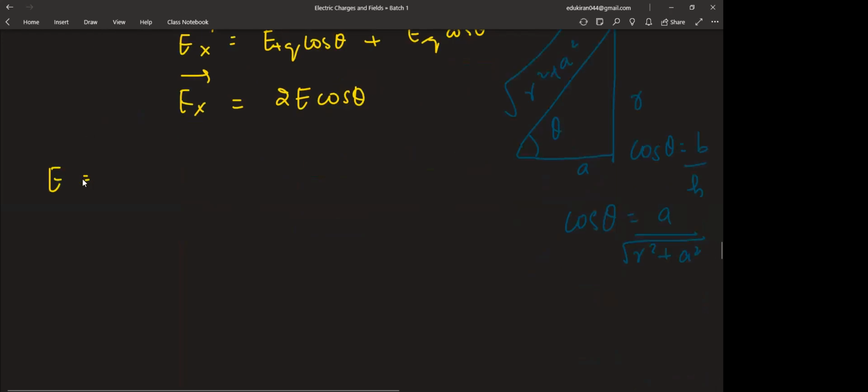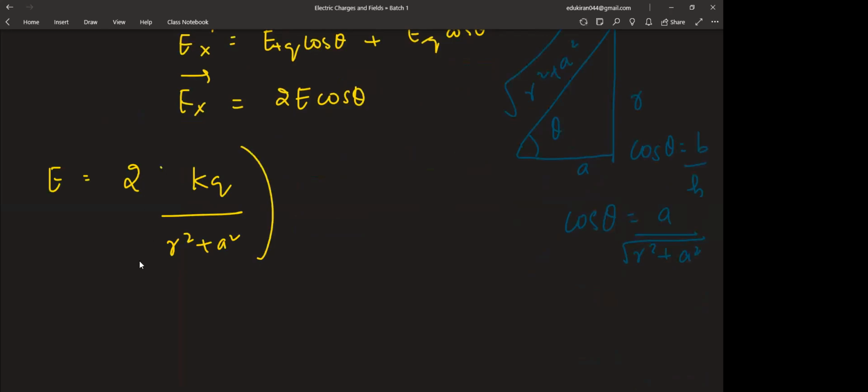So see, net electric field will be 2. What is electric field? KQ by R square plus A square. What is cos theta? Cos theta is A by under root R square plus A square.